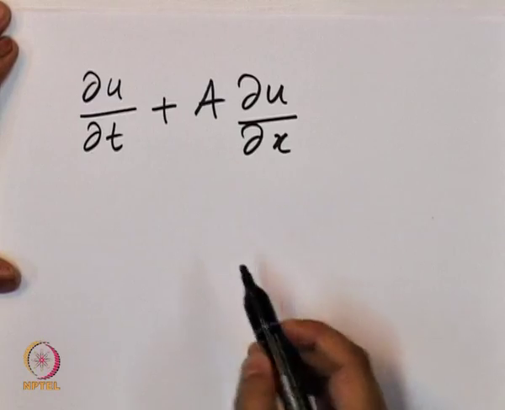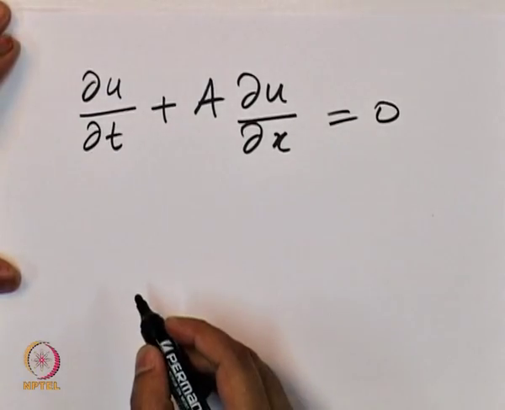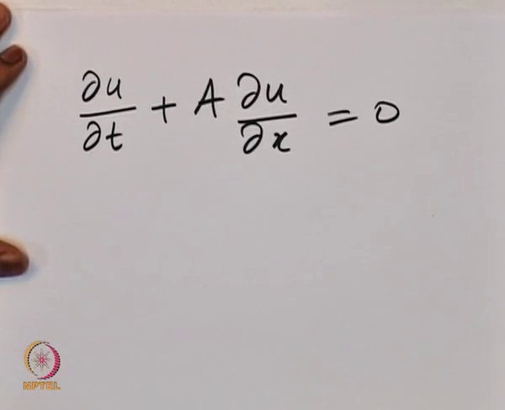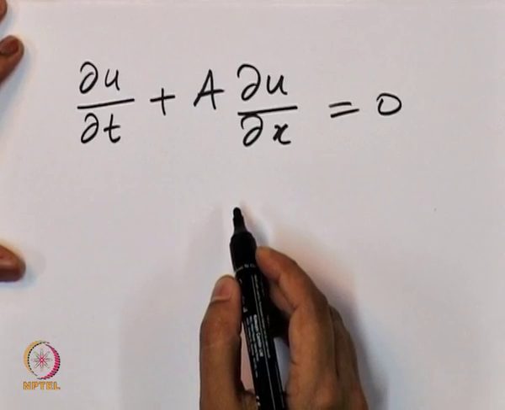So this is a very simple form. If you compare this with the equation that we have here, this is nothing but saying that A equals 1 in this case, and df/dx is nothing but du/dx. So this particular form is the more general form, and we are going to use this general form to understand.